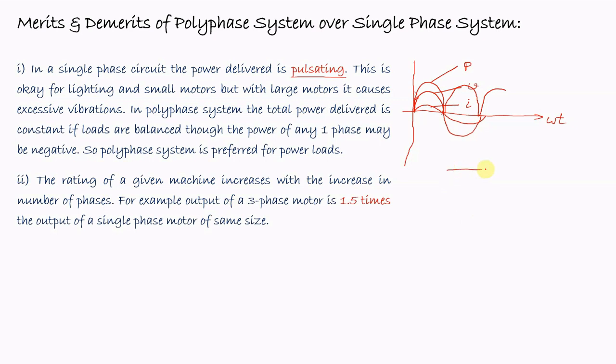One is three-phase and another is single-phase. If the size of the two machines is exactly identical, that means their length, width, volume, etc., then the rating of the three-phase machine is 1.5 times more than the rating of the single-phase motor.